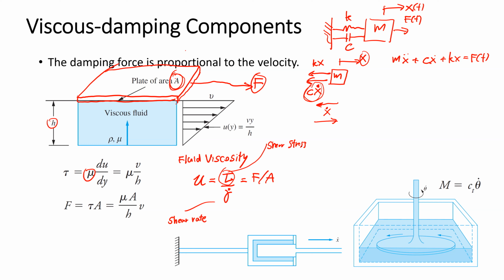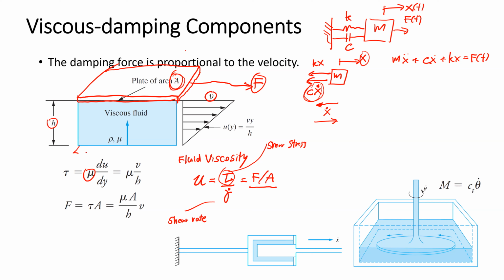But the shear rate, if you see here on the top layer, the fluid may have the velocity with the fully propagated velocity v.